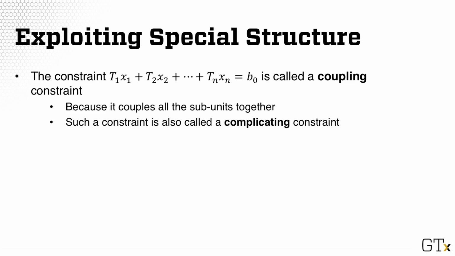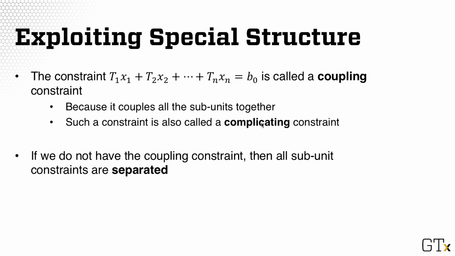Okay, so how do we exploit this special structure? We're going to call this coupling constraint here, T1x1, T2x2, all the way to Tnxn, summing up to equal B0, the complicating constraint. Because if we don't have such a coupling or complicating constraint, then all the units are essentially separated or decoupled.